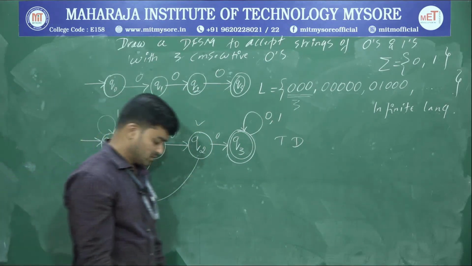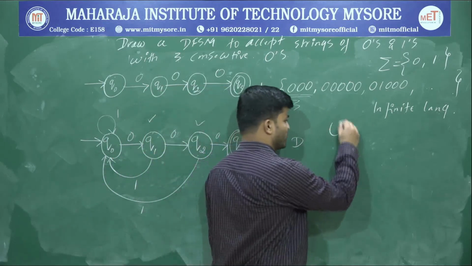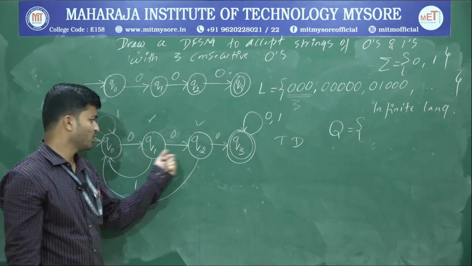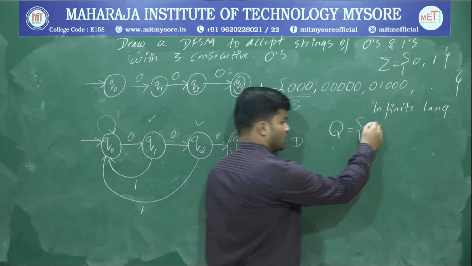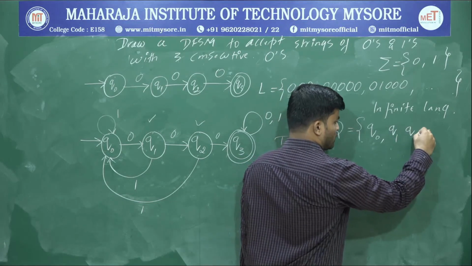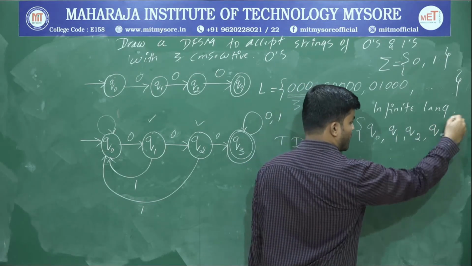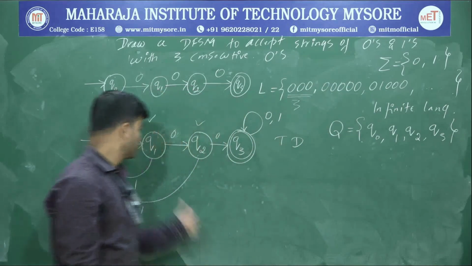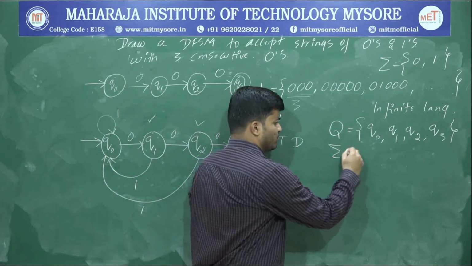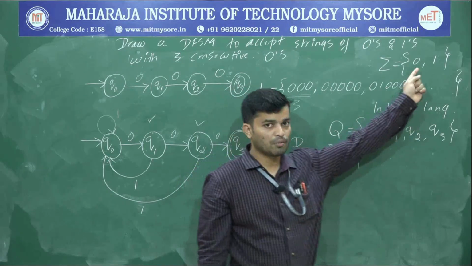Now write all the 5 tuples. What's the first tuple? Q. So what is Q? Q is Q0, Q1, Q2 and Q3. So we have 4 states. What is your sigma? Sigma we already know. That is 0, 1.